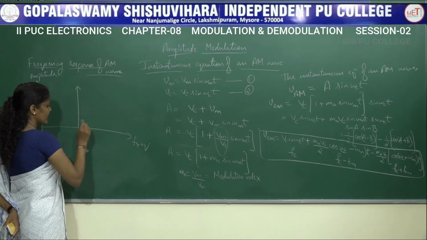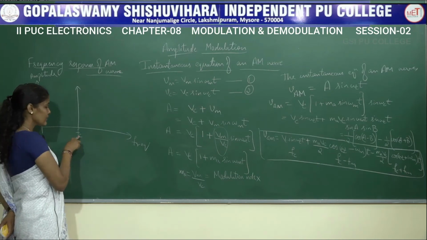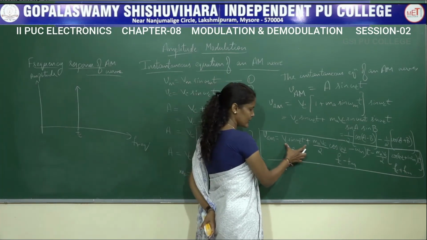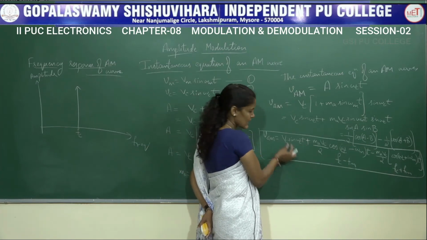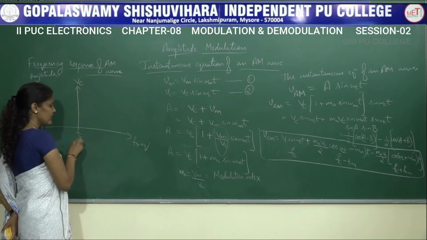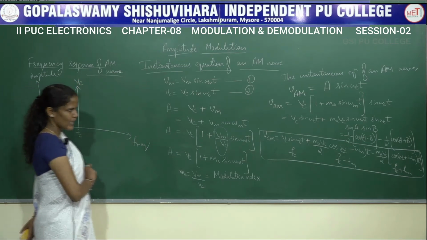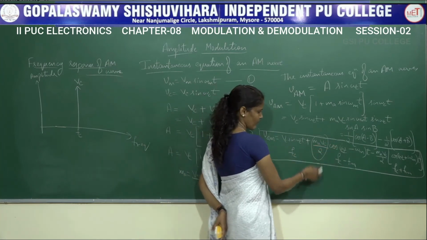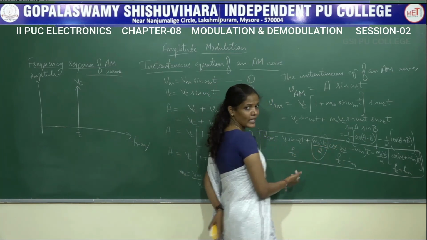If I draw the graph of frequency versus amplitude, we will have the center frequency marked as fc, whose amplitude is the carrier component, so the frequency is fc and the amplitude is Vc. The next component, ma Vc by 2, is nothing but the amplitude.